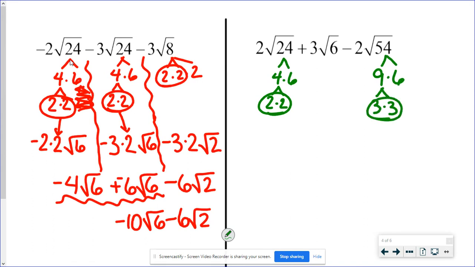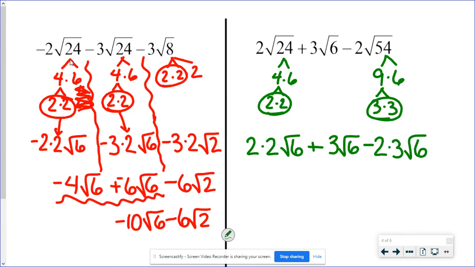And again, I'm not going to bother to break down that 6 because it doesn't break down at all. So I had the 2 that was outside the rad 24, the 2 that breaks out, rad 6 left over. That middle term, I didn't do anything with it. It's just going to stay as a 3 rad 6. Then I've got the subtracting 2 or negative 2, the 3 that breaks out, the 6 that's left over.